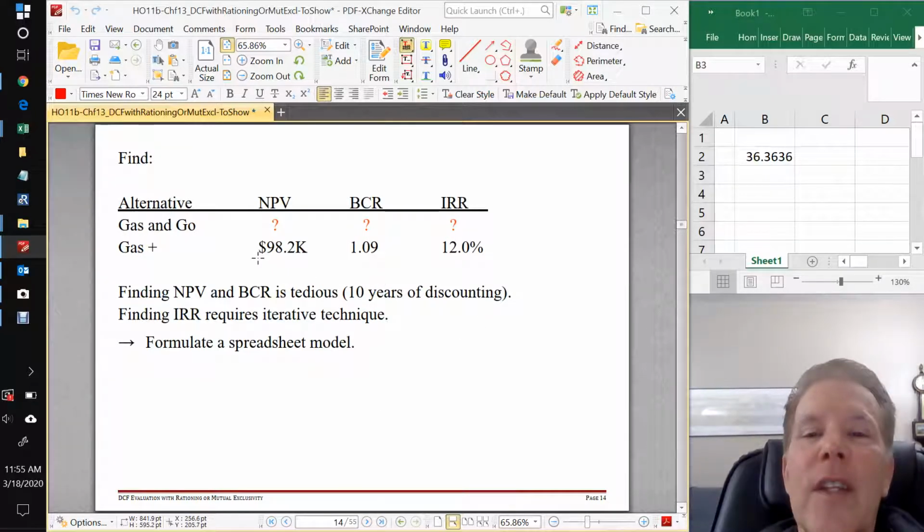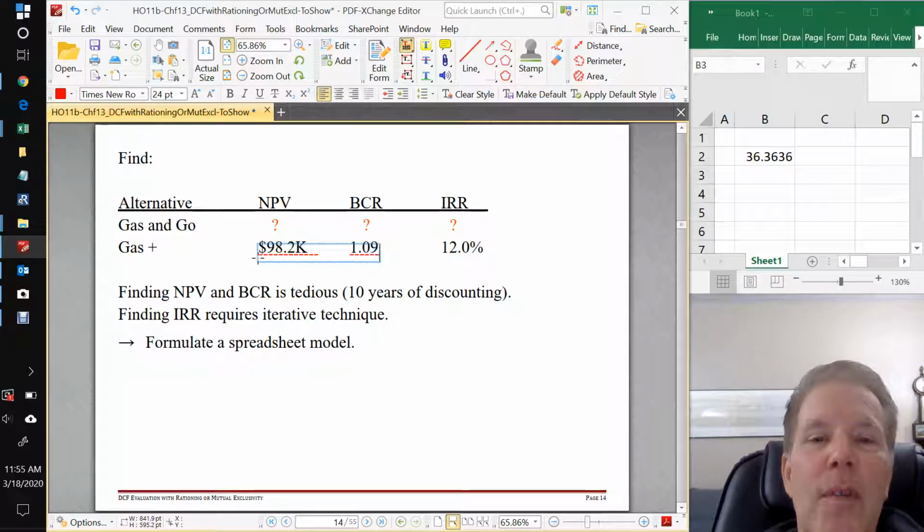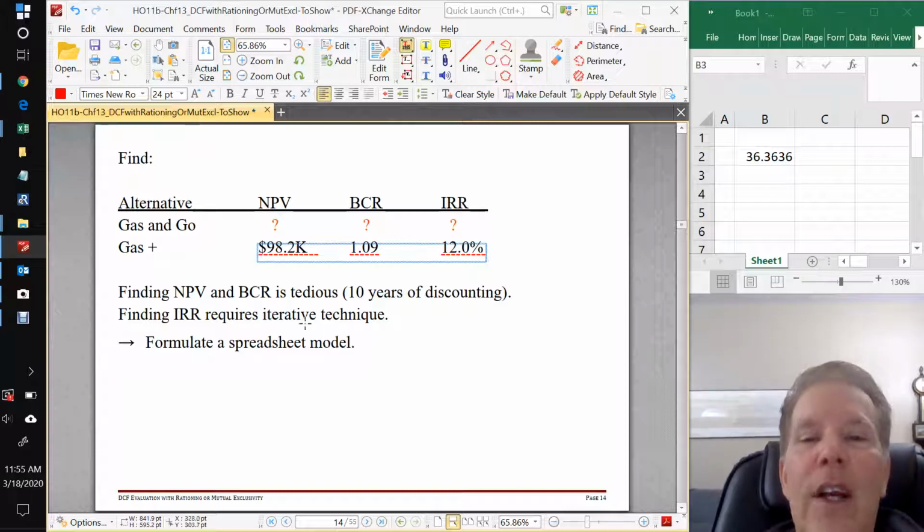So I've done this for us already for the Gas Plus convenience store option here, and you can check all of these if you like.